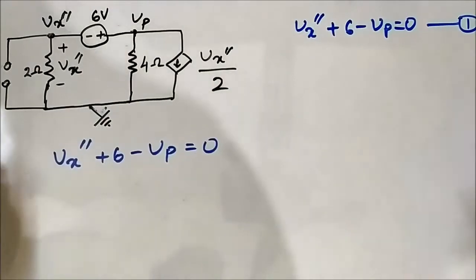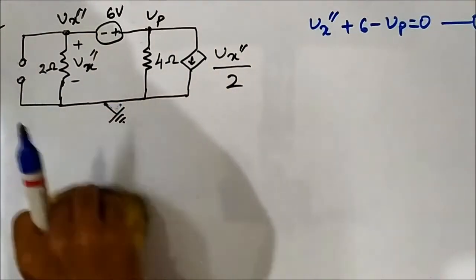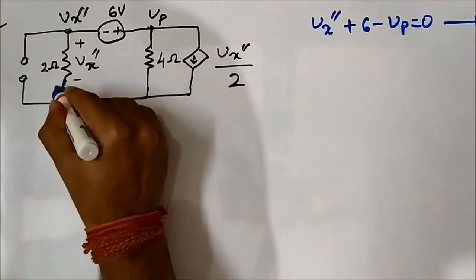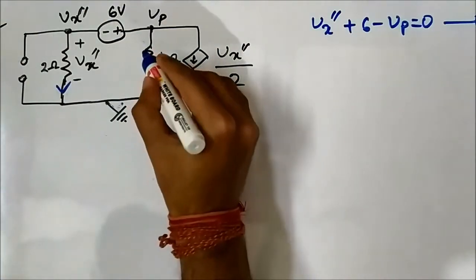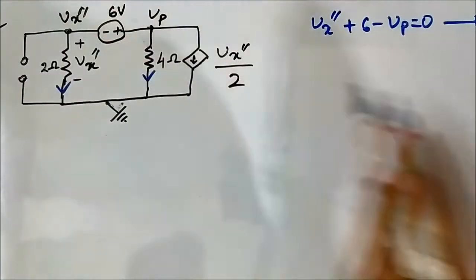Okay, now let us assume the current directions as per our choice. Let this be an outward going current, this also an outward going current. So this is a super node.